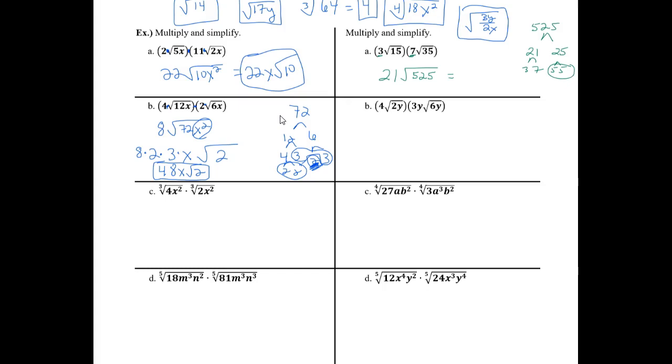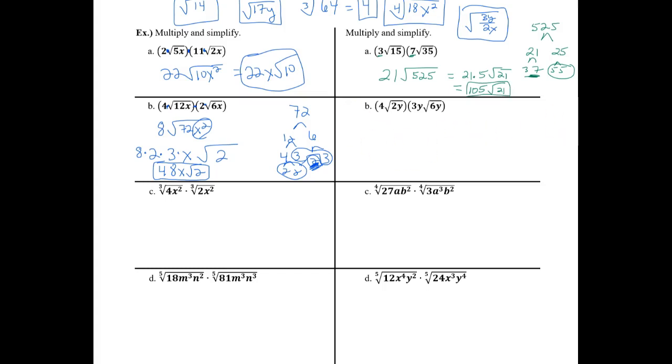So I already have the 21 out front from the 3 times the 7. Now I have to bring out also a 5. So 21 times the square root of 5 squared is 5. Underneath the radical, I have 3 times 7, which is 21. Lastly, I have to simplify just one little piece. That 21 times 5 is 105. Anything you can simplify, you should be simplifying.